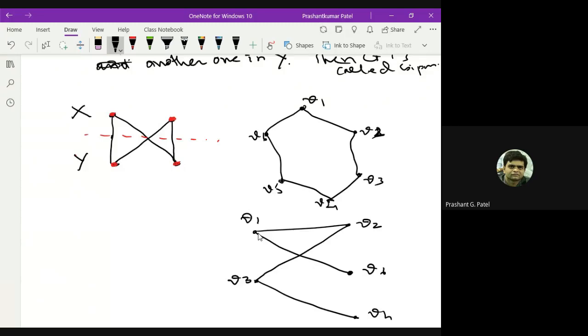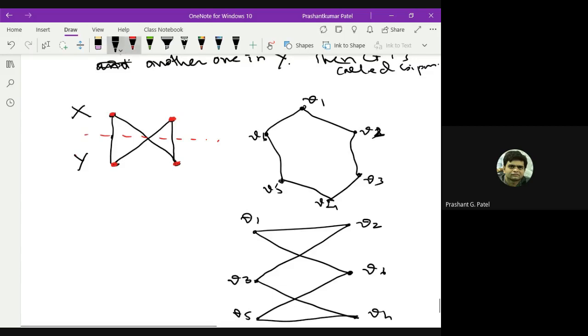So the two edges of V3 are over, V2 is over, V6 is connected with V1 and V5. So V5 you may plot here and you join them. V6 is over. V4 is connected with V3 and V5.